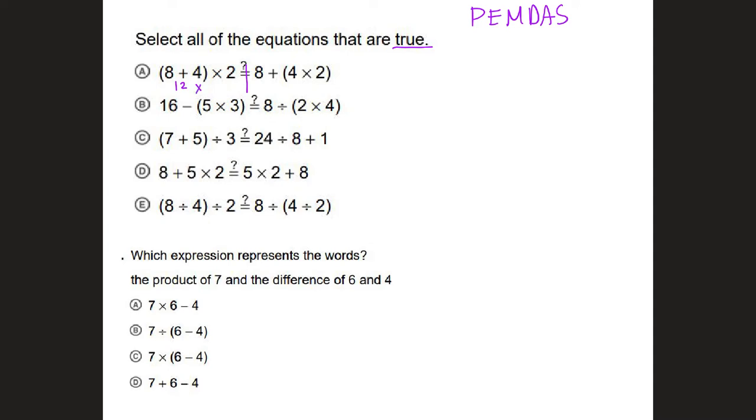Then I bring down the rest. 12 times 2 equals 24. On the other side, I also have parentheses and I have 4 times 2. 8, and then we bring the rest down. 8 plus 8 is 16. These are not true. This is false. So I won't be selecting that.